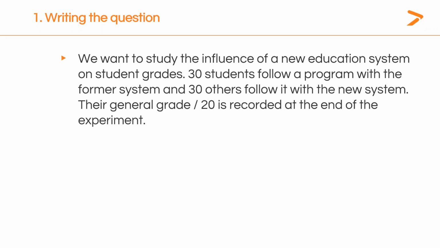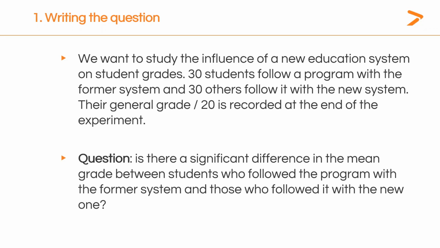So in total, we have 60 students, 30 undergoing the current system and 30 others undergoing the new system. The question we ask is: is there a significant difference in the mean grade between students who follow the program with the former system and those who followed it in the new one? So is the new system more performant or less performant than the current system? We'll establish a statistical testing procedure to answer this question.